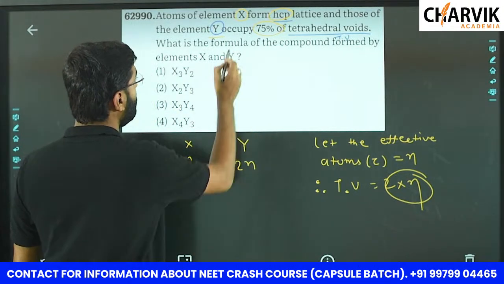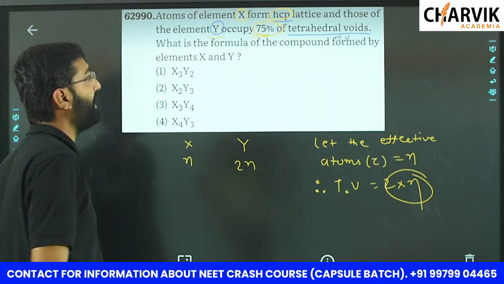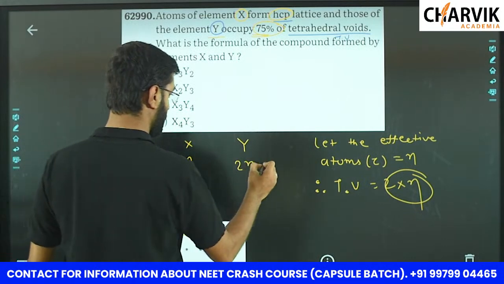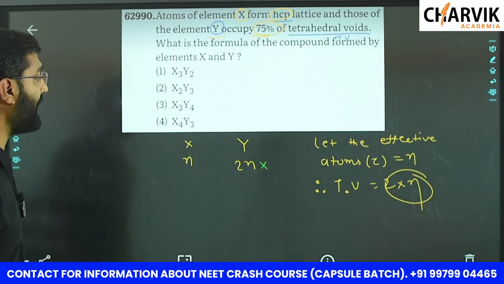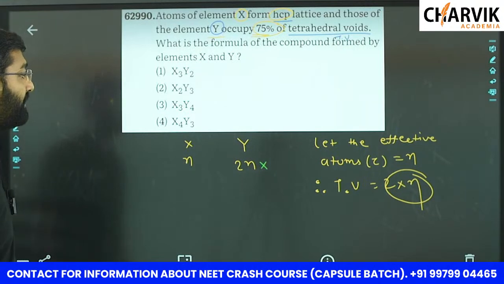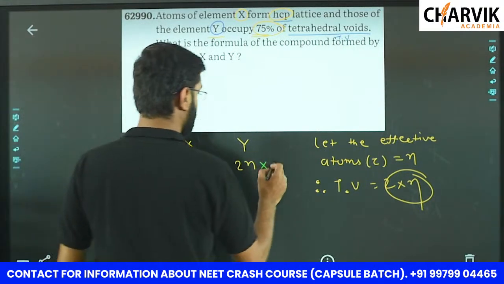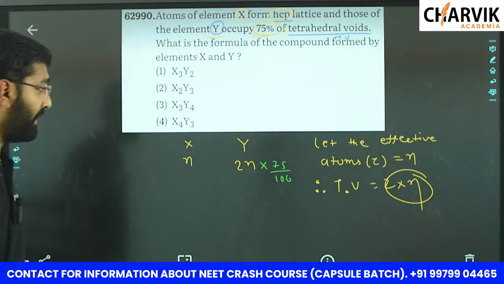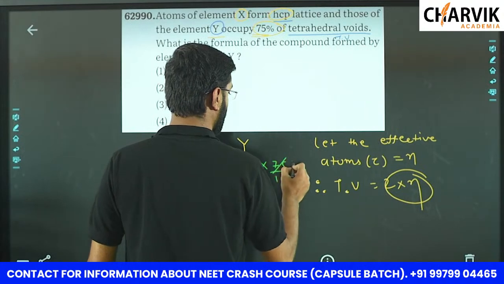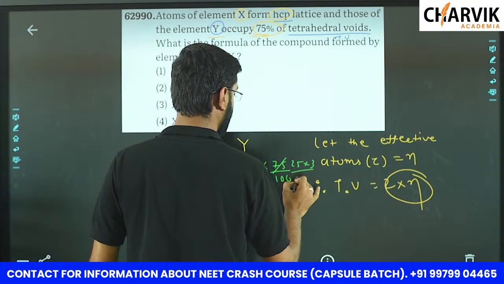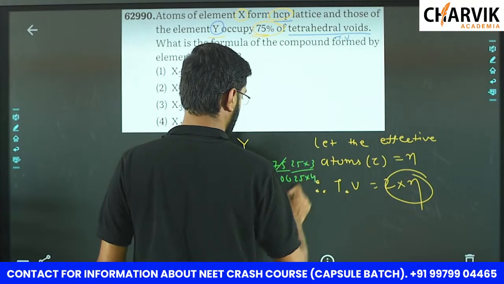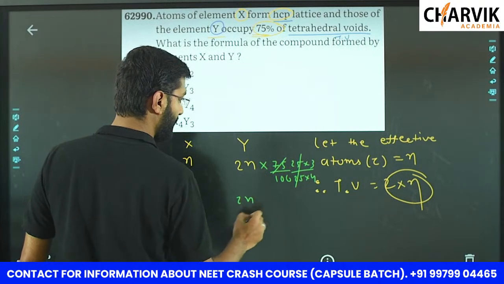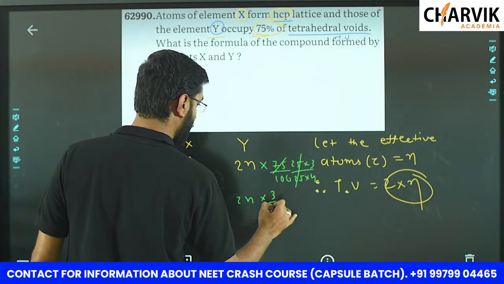And according to question, how much is occupied by element Y? 75%. So 75 divided by 100, then you will get 3 by 4. So 2n into 3 by 4.